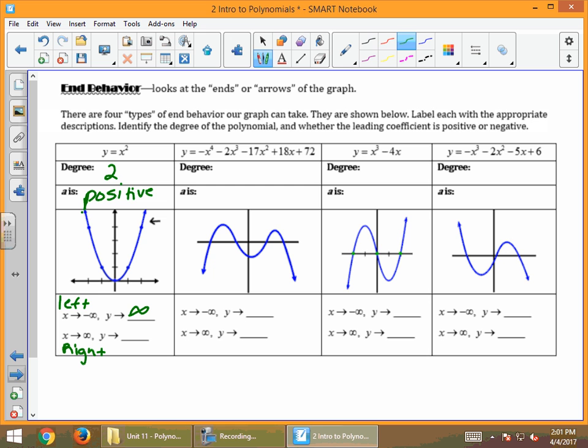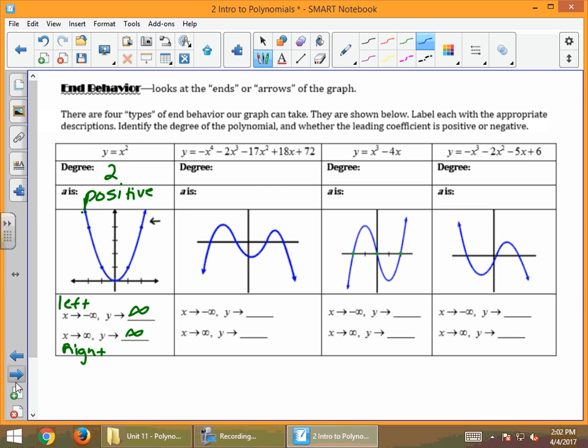So you go to the right side of your graph. Which direction is that arrow pointing? Up towards infinity. Okay. And that's going to be true for any even, positive function. Both ends are always going to be pointing up towards infinity in the y direction. Okay, every time.